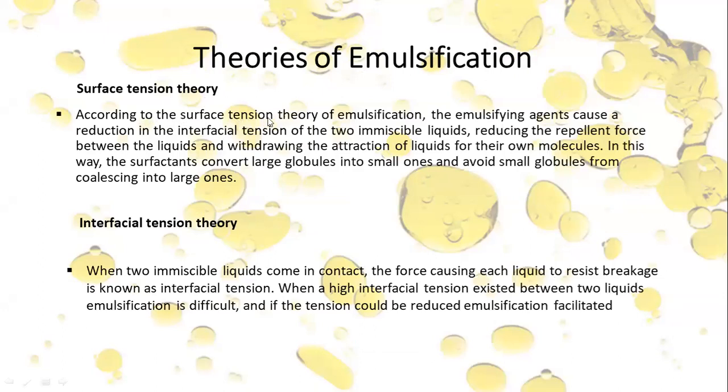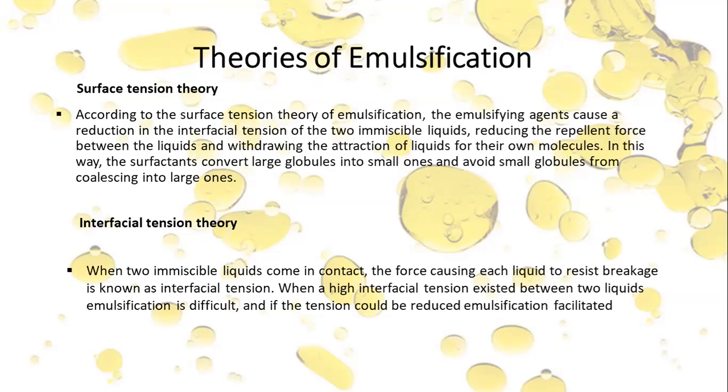According to the surface tension theory of emulsification, the emulsifying agent causes a reduction in the interfacial tension of the two immiscible liquids, reducing the repellent force between the liquids and withdrawing the attraction of liquids for their own molecules.